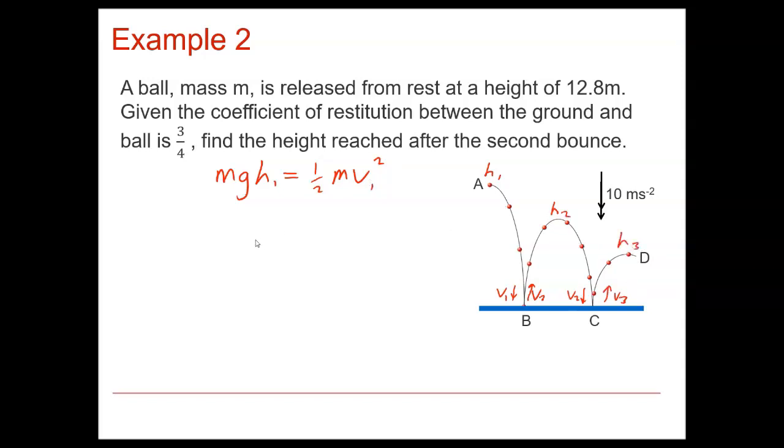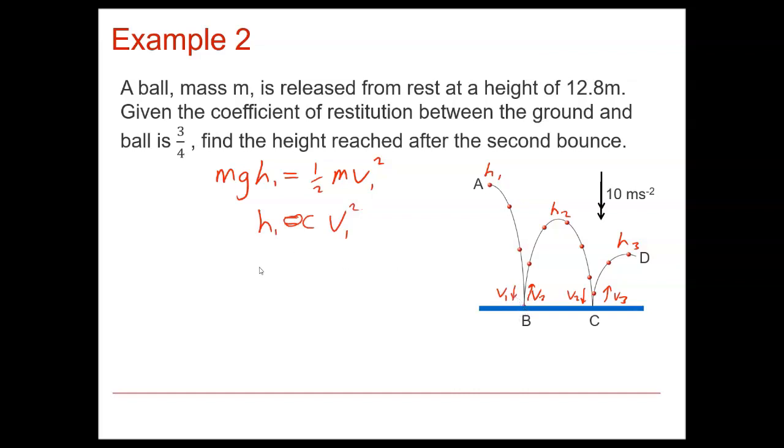But there's actually an even quicker way here, and it'd be nice to show you this. The really important thing is that the height from which this thing is dropped, or indeed the height that it would reach if it was reversed, is proportional to the square of the speed at the bottom of the fall.